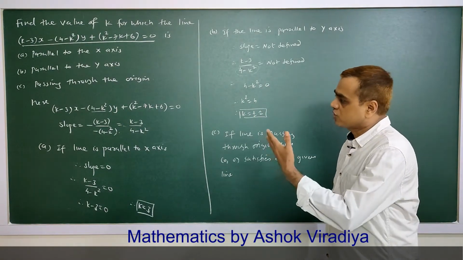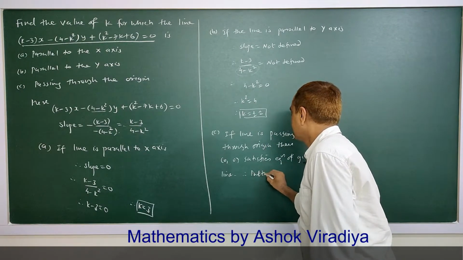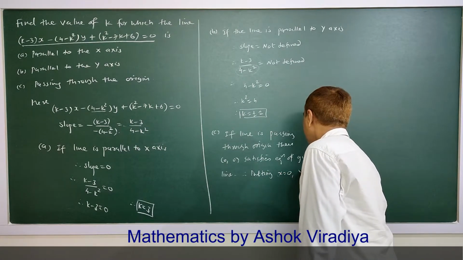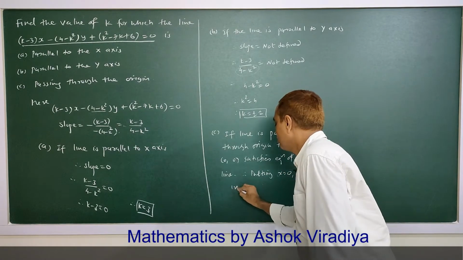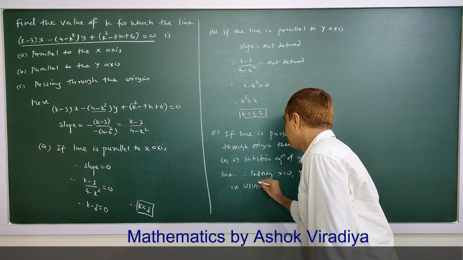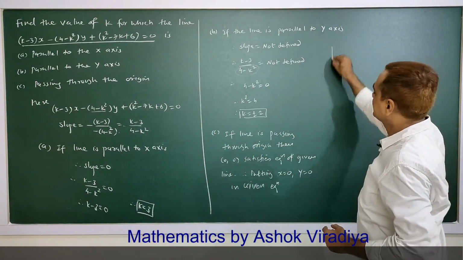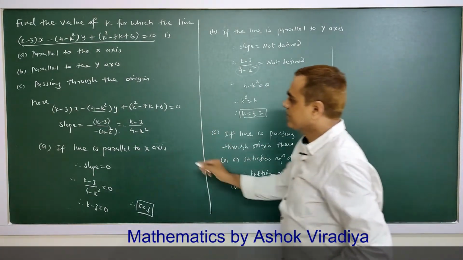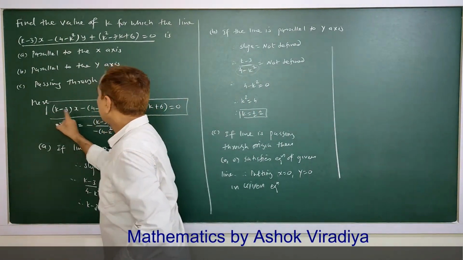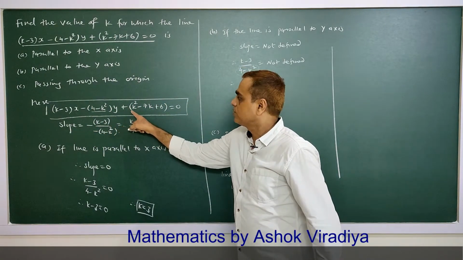So in the equation, therefore, putting x equal to 0 and y equal to 0 in the given equation, say we are putting in this given equation, I am putting x 0 and y 0, so what is left?